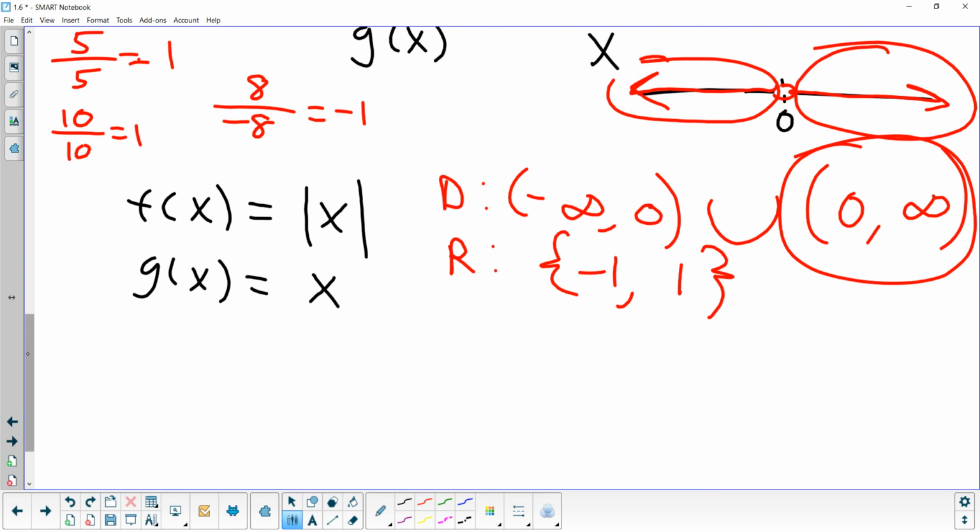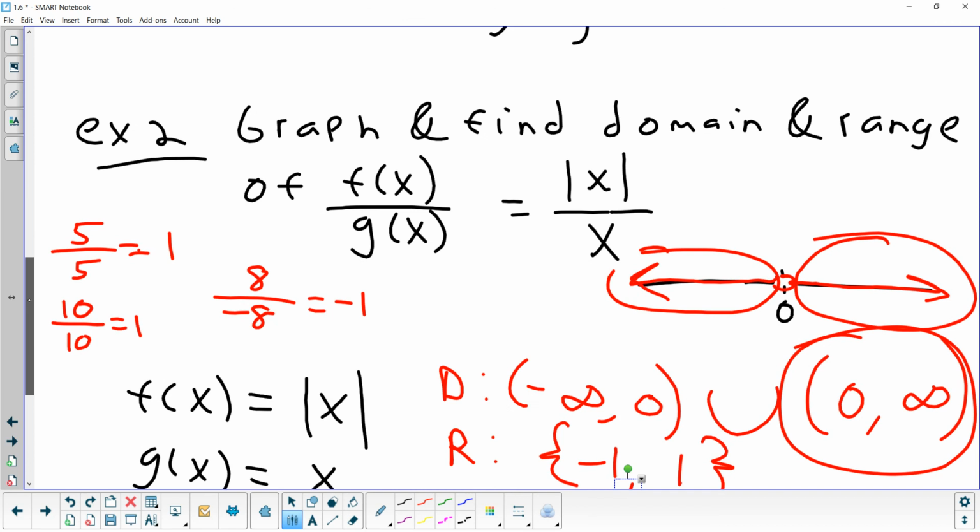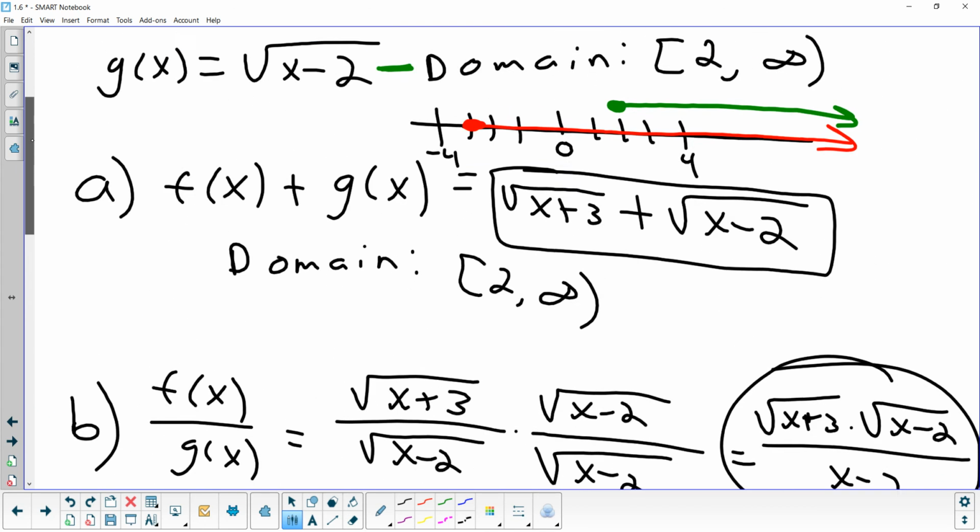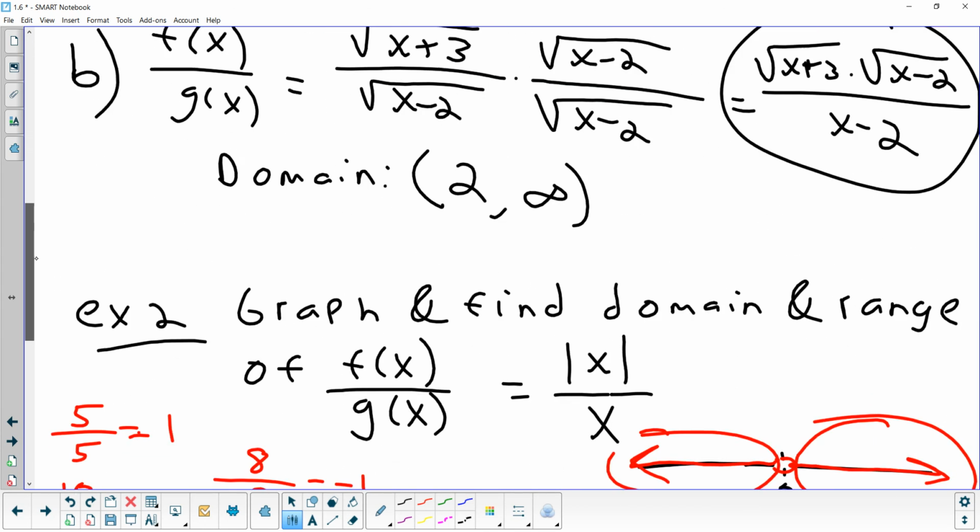We have to specify it as an interval: from here to here, including everything in between. This is a very special case that we could do. So, any questions on that idea? Combining functions by dividing. We did one with adding. You could do subtracting.